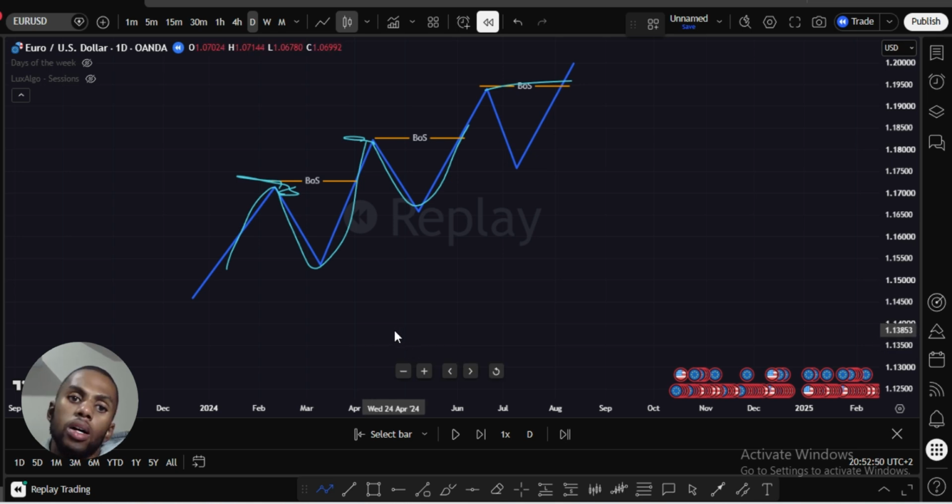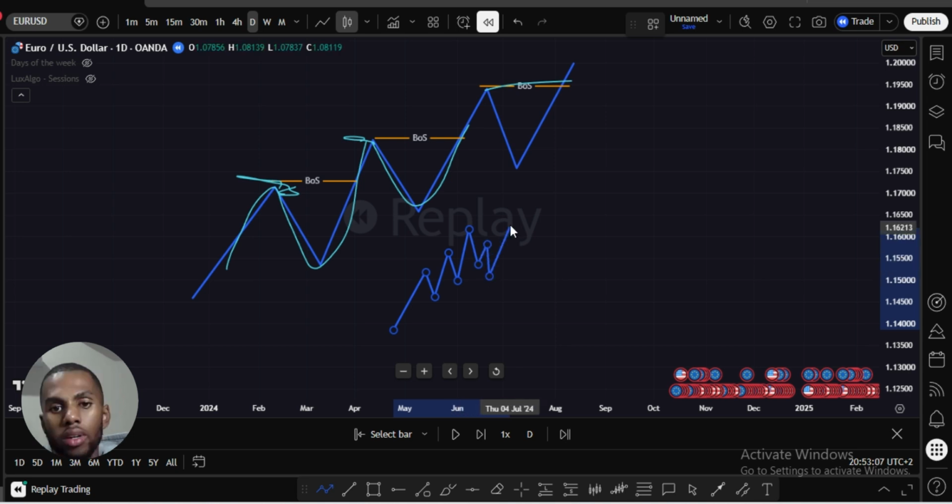Now on the real charts, it will not look nice and clean like this. It will look a bit messy or confusing, where you have a lot of these internal price movements within one leg.